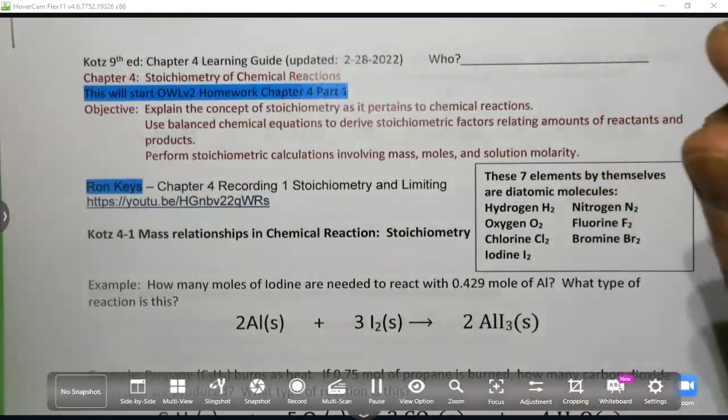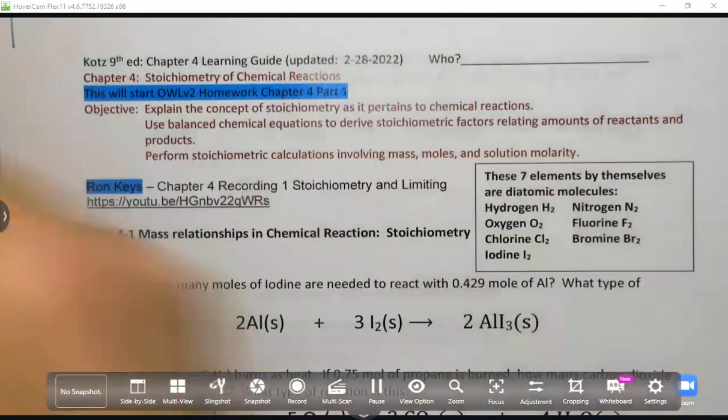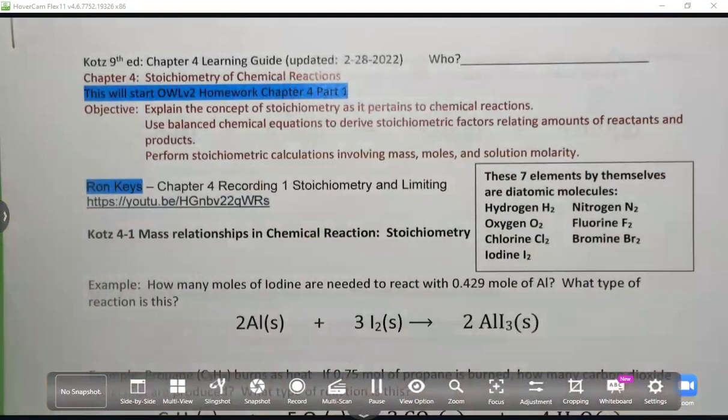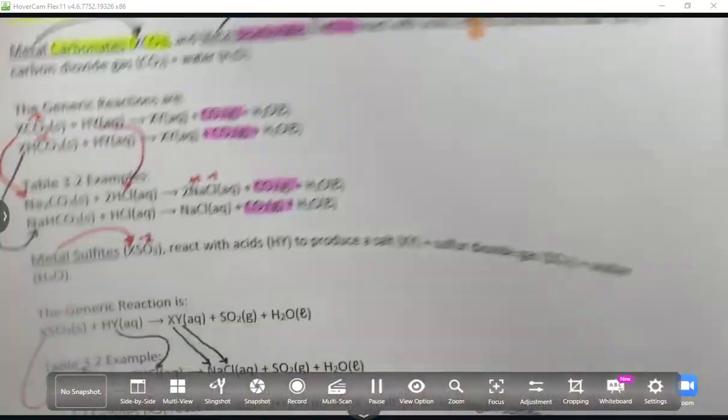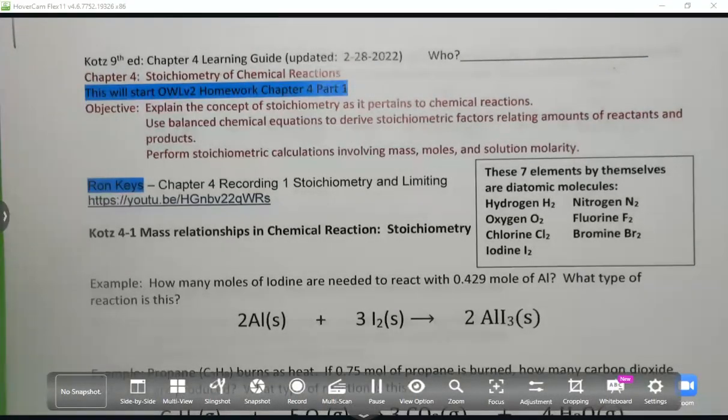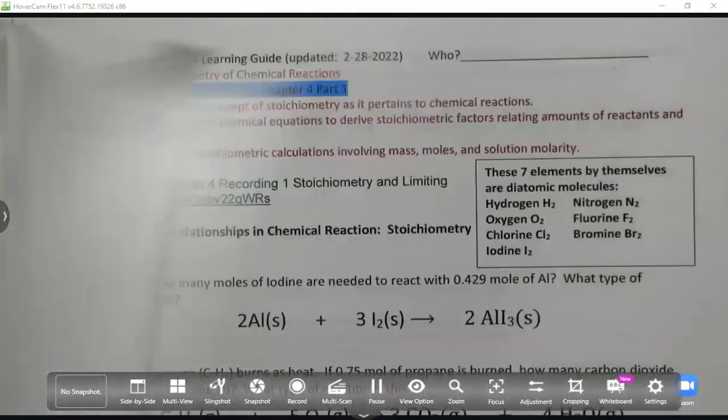We just looked at a bunch of reactions from the last chapter. We did a bunch of reactions like this. We talked about whether or not the reactions are synthesis, decomposition, single replacement, double replacement, etc. We looked at oxidation, reduction reactions.